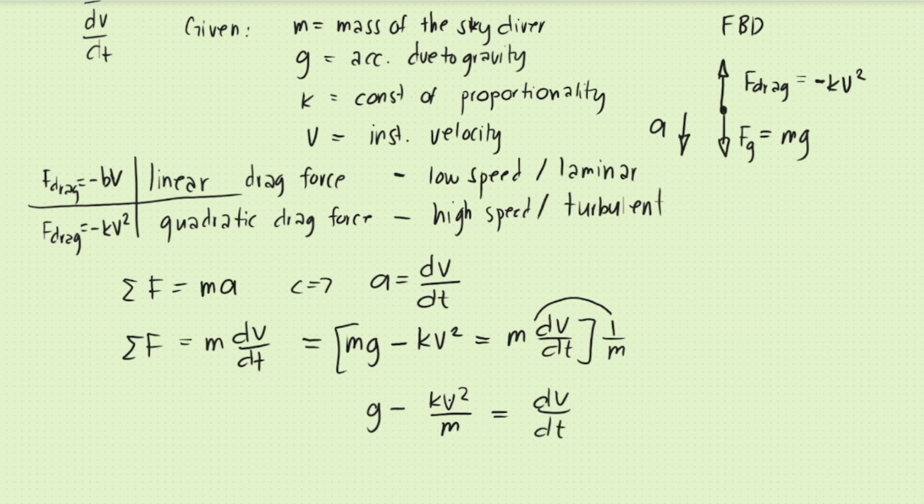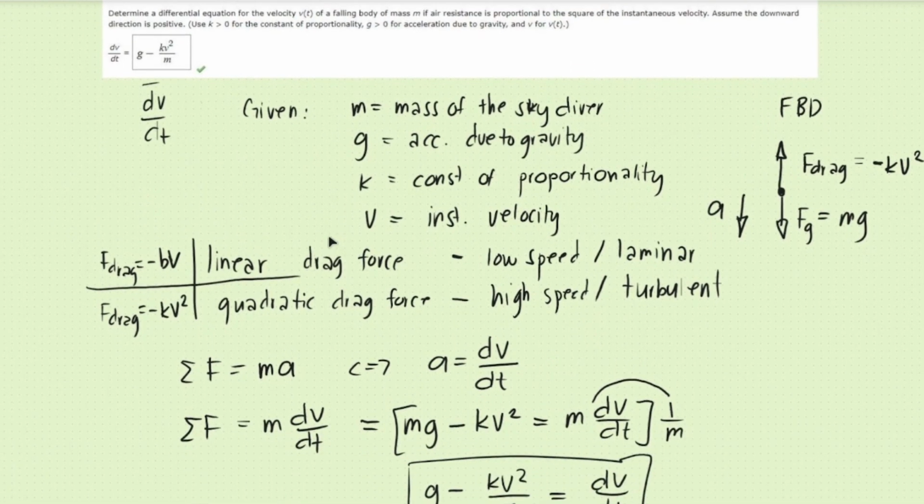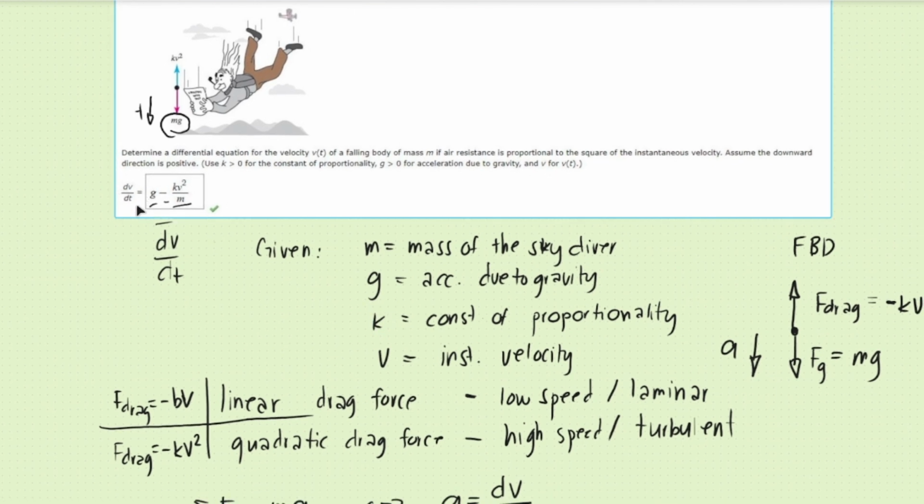So now we've got our equation for acceleration, or dv over dt. So we're going to check our answer. Is it correct? We have g minus kv squared over m. So that's correct. Now we've determined the differential equation for the velocity v of the falling body of mass m. That's what we're looking for, right? dv over dt. So we found it and it was right.